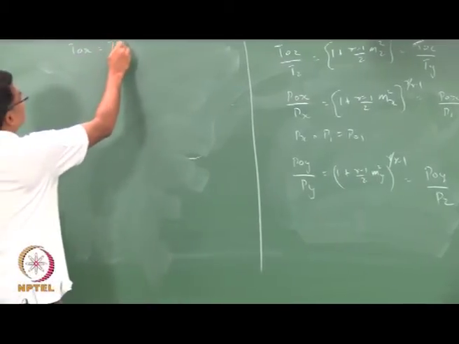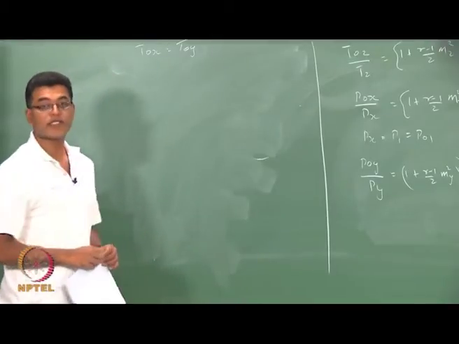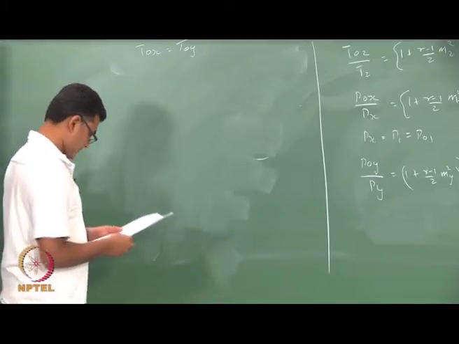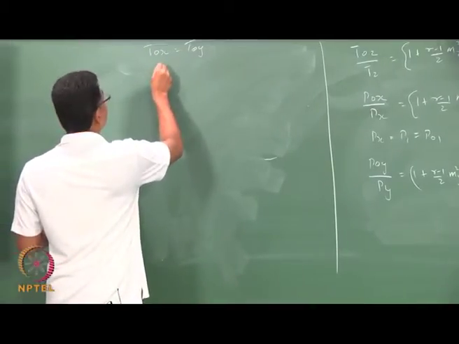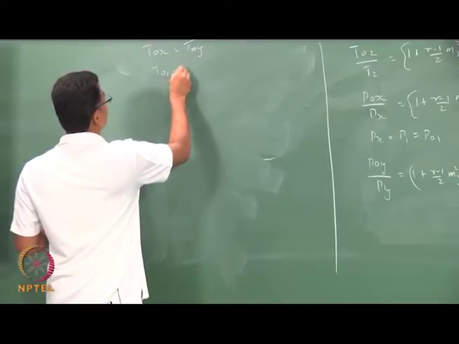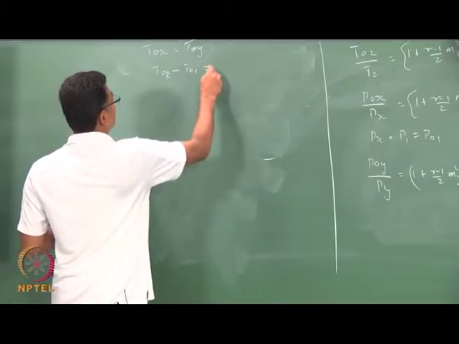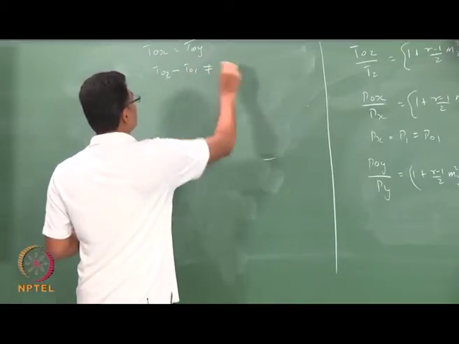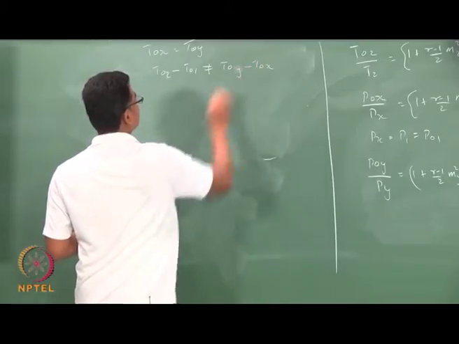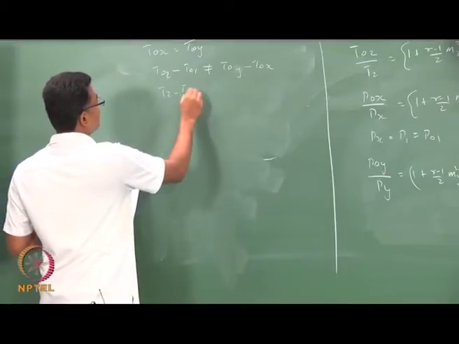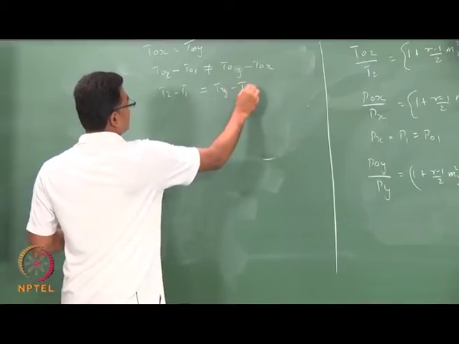So, we know across the standing shock, which is my moving coordinate system, T0x equals T0y. So, you can eventually try to find what is T02 minus T01, not equal to T0y minus T0x, whereas my T2 minus T1 is same as my Ty minus Tx.